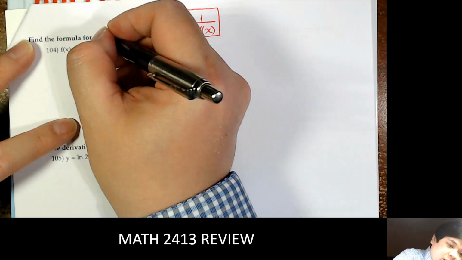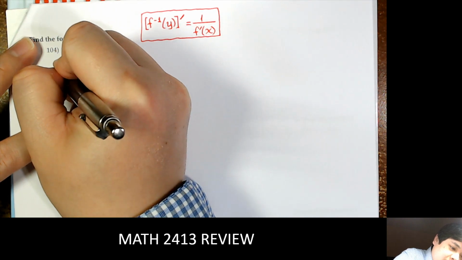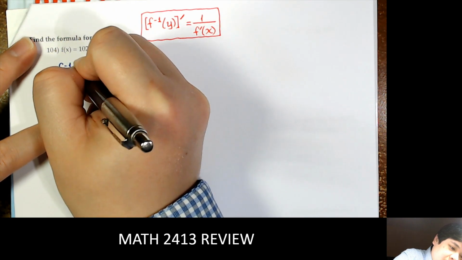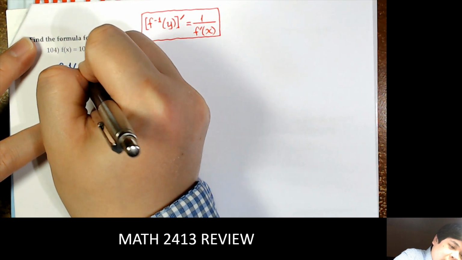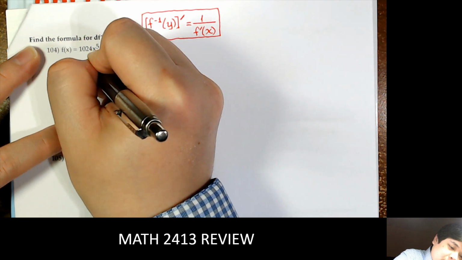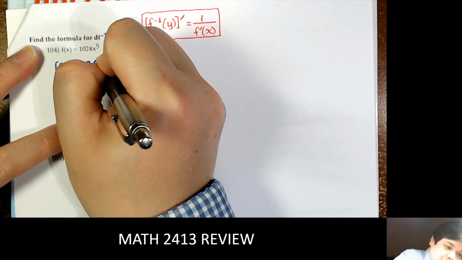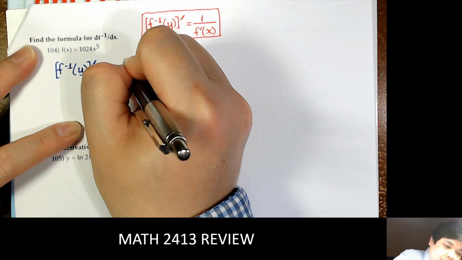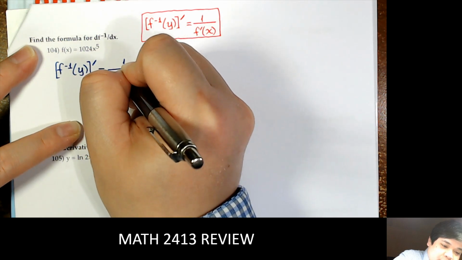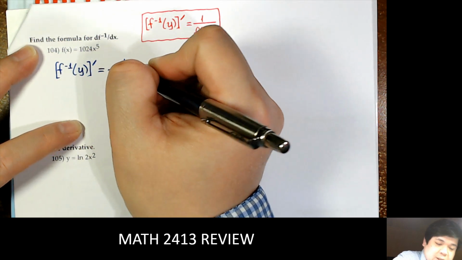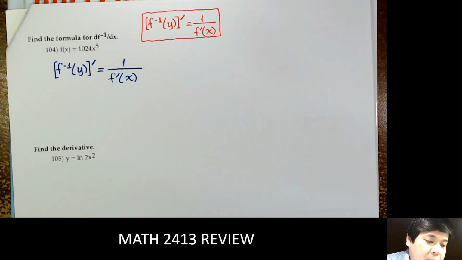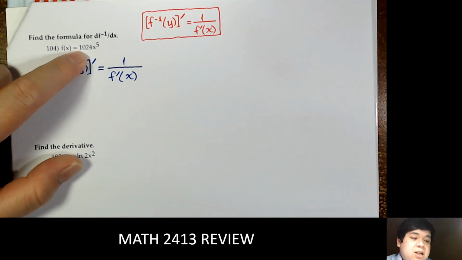So we write the derivative of the inverse as a function of y equal to 1 over the derivative of x. Derivative of this is easy.